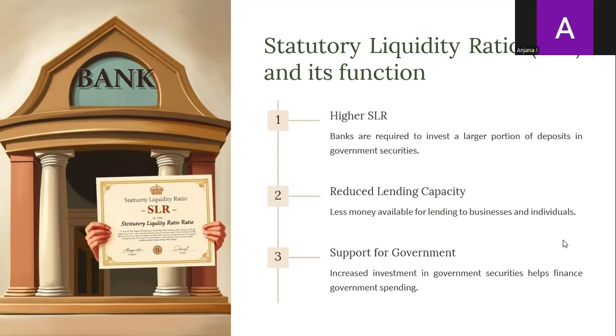The higher the SLR, banks are required to invest a larger portion of deposits in government securities. This will ensure that less money is available for lending in the hands of banks for businesses and individuals. And increased investment in government securities will help finance government lending. So hence, it would be a supportive move for the government.